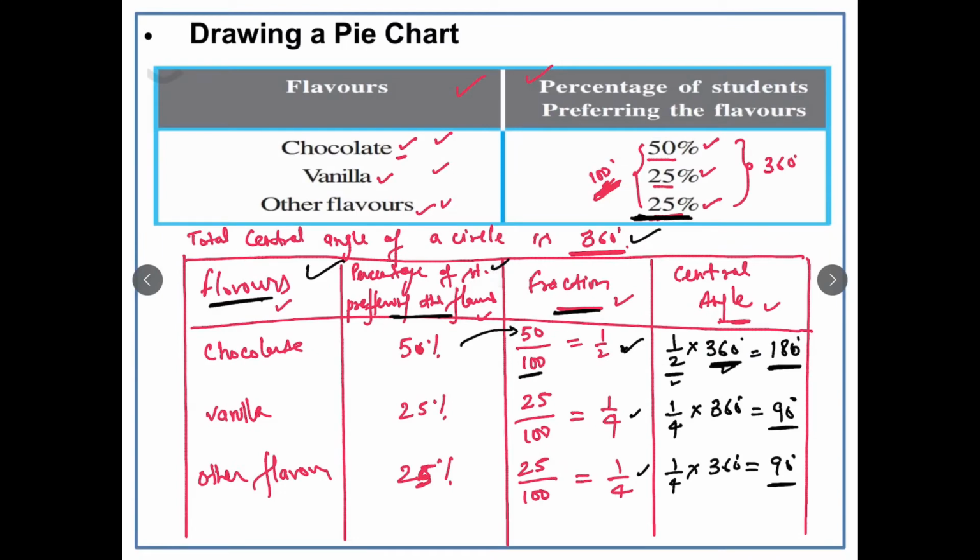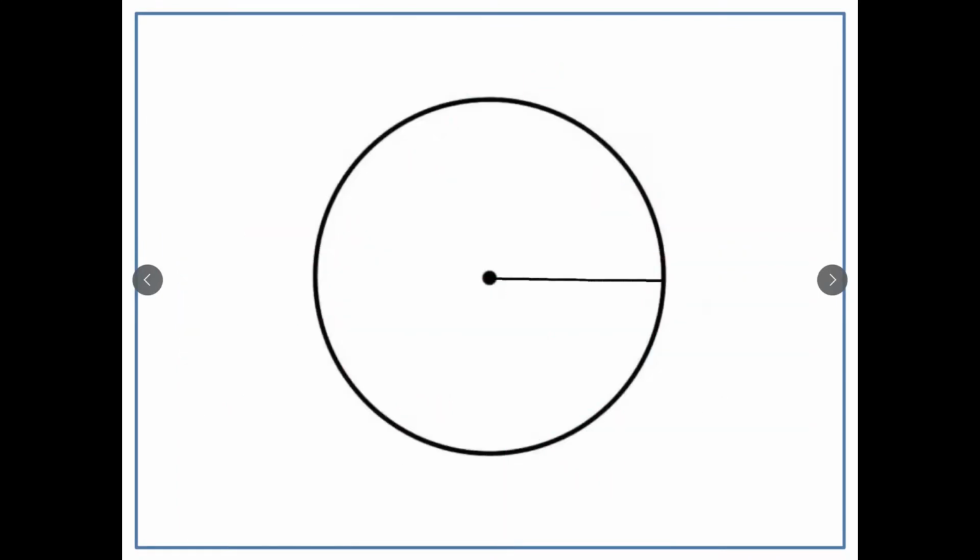Now as you know the central angle for chocolate is 180 degrees, so from this line we'll start marking the 180 degree angle. We'll go till here, that means 180 degrees, so this line will be a straight line, and that will be the diameter of this circle. So we draw a line like this, that will give us the angle of 180 degrees, and it will represent the chocolate.